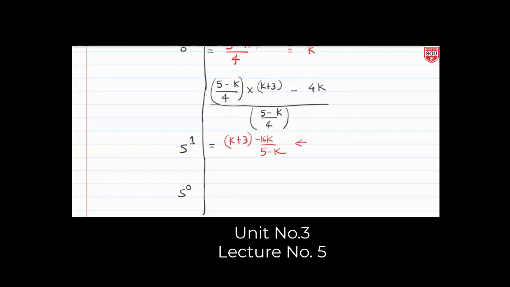I want the answer from you now, because this is almost the 7th or 8th problem that we have learned. We only have to do the cross multiplication and find the answer. What value of s raised to 0 are you getting?